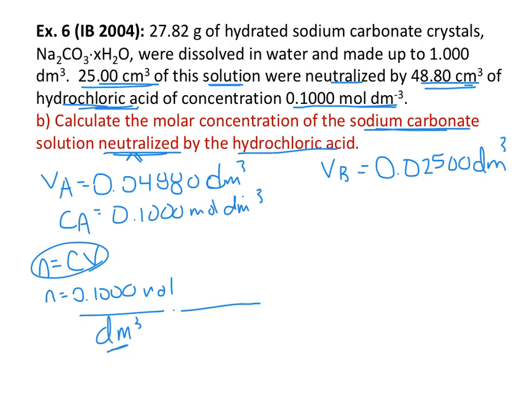Decimeters cubed, we need to get it to cancel. So I'm going to multiply by decimeters cubed. Just make sure that you keep the like substances together. So I'm only working with the acid numbers right now. Then the number of moles for the acid is 0.004880. So basically we're just moving our decimal.